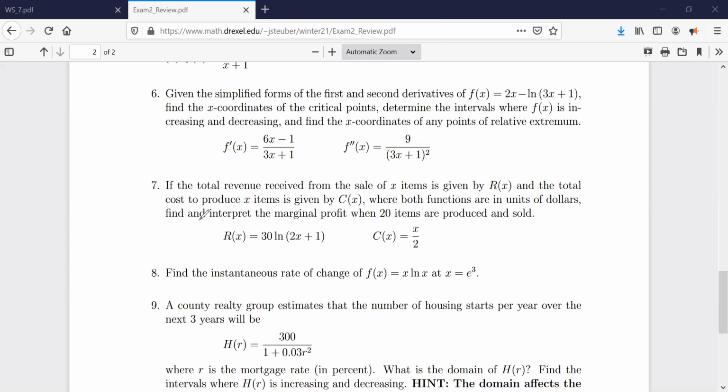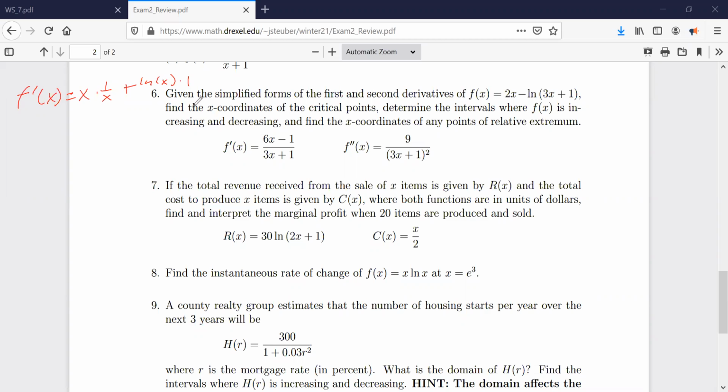Okay, so instantaneous rate of change is literally just the derivative, so all it's asking me to do is find the derivative of x ln of x, so f prime of x. This is just a product rule, so it's first times the derivative of the second, so that's x times 1 over x, plus the second times the derivative of the first, so that's ln of x times 1.